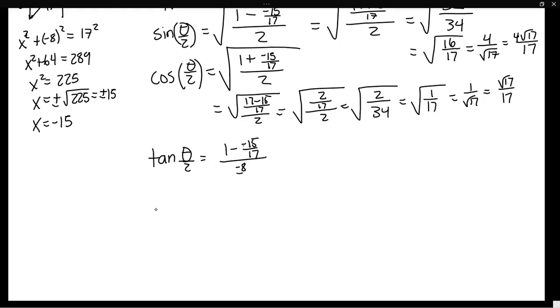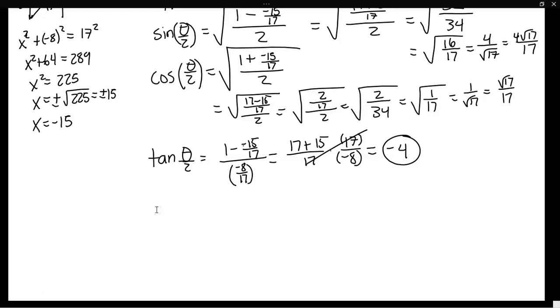So divided by negative 8 over 17. So we get the same thing: 17 plus 15 over 17 times the reciprocal of this, which is 17 divided by negative 8. And that's going to equal, the 17s cancel, so we get 32 divided by negative 8, which is negative 4.